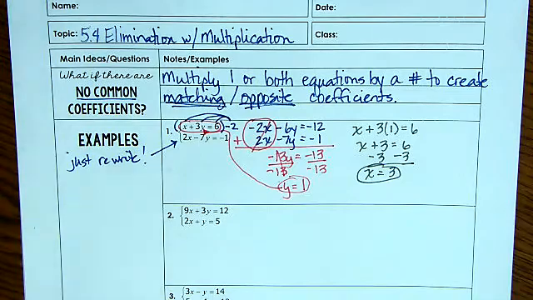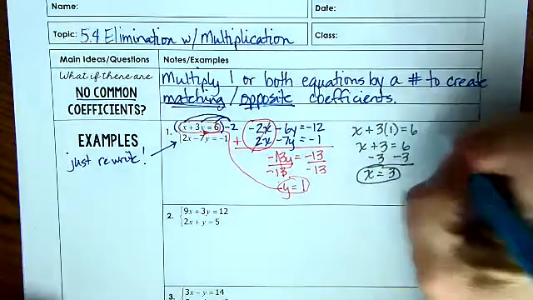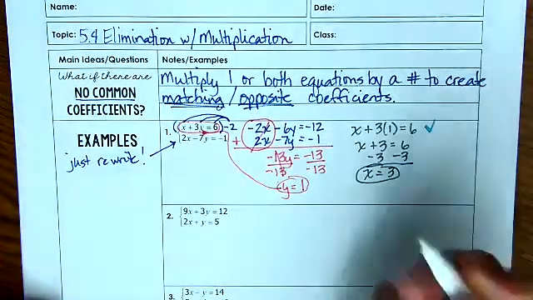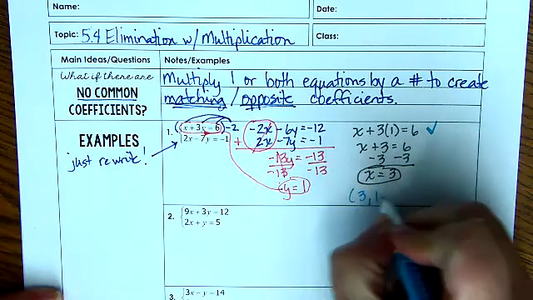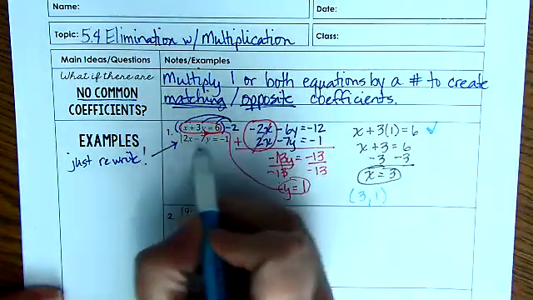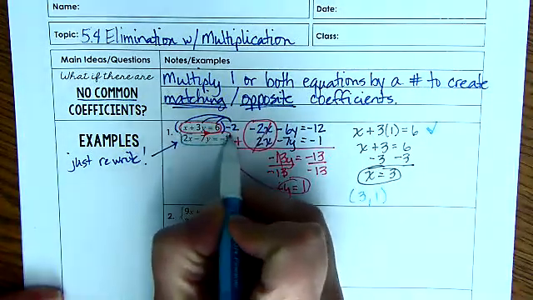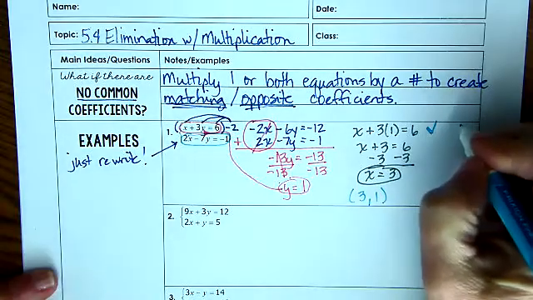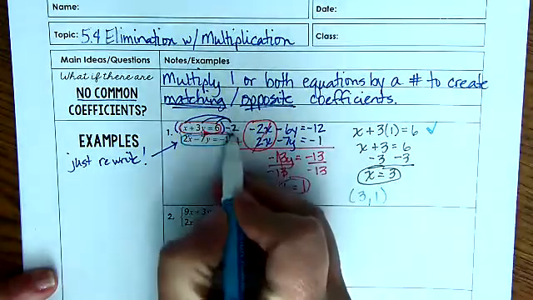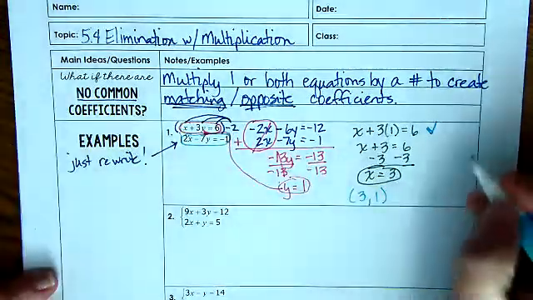Now I've got to check to make sure that it's correct. So I'm going to take what I think is the ordered pair, (3, 1), and plug it into the unused equation, just like we did in the first eliminations. The only thing we've added is having to multiply by this number. Otherwise, we're working it the same way.